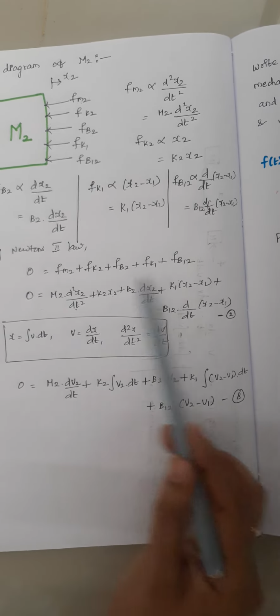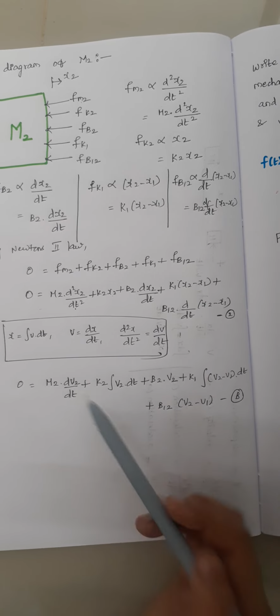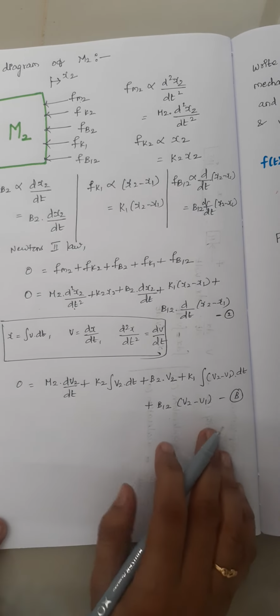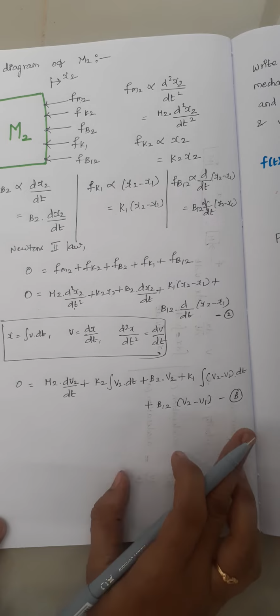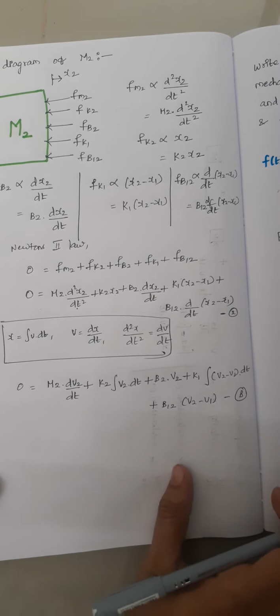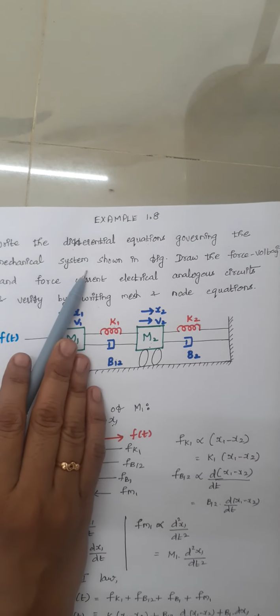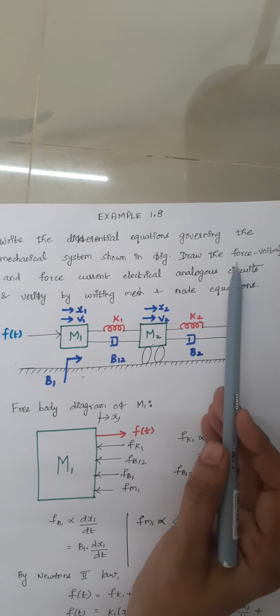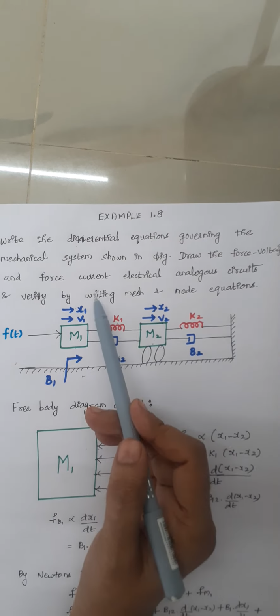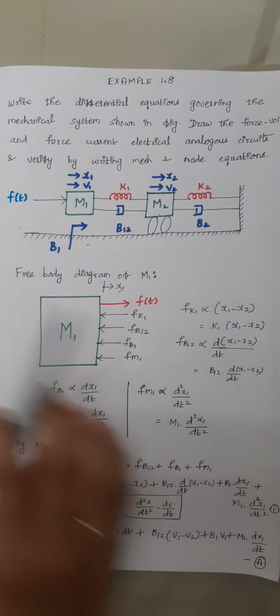So here I am replacing x in terms of velocity. So this is our final expression B. Right. So only one part of the problem is solved here. Now we have solved the differential equations governing the mechanical system. The rest, that is force-voltage and force-current analogies, we will see in the next video. Thank you.